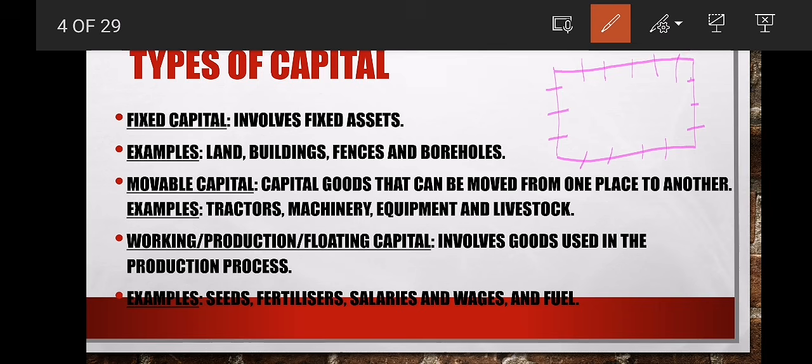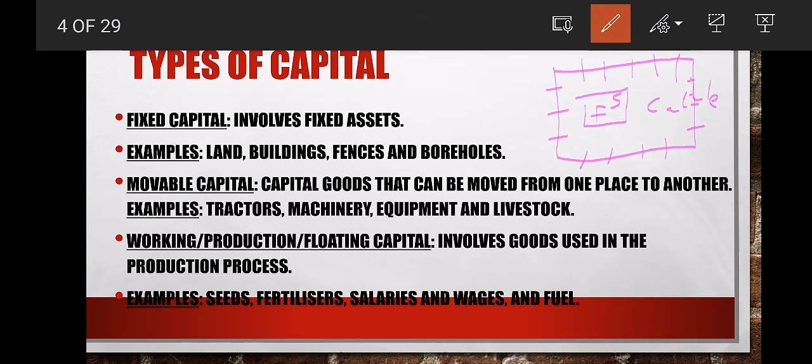In the farm, this is a building. In this building, you can get fertilizers, you can get seeds. Then here, you have your cattle, they are grazing.